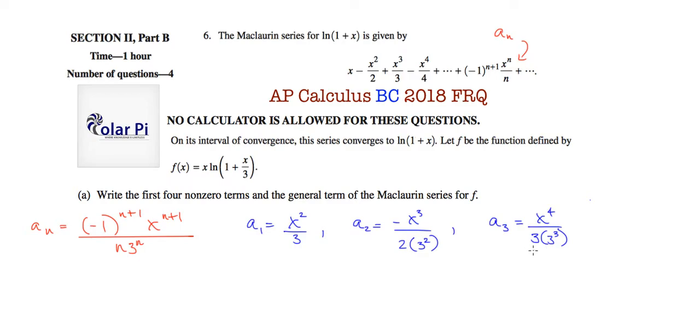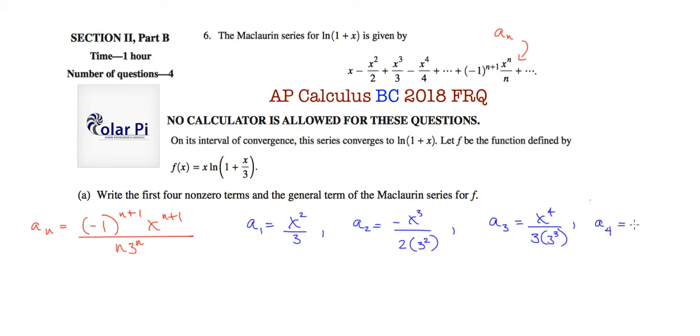You can't combine these into 3 to the 4th. Feel free to leave it like I have, or just write a 3 to the 4th there. Either should be fine for the AP exam graders. And then a4, the 4th non-zero term, will be negative 1 to the 5th, so that's negative 1, and then x to the 5th.